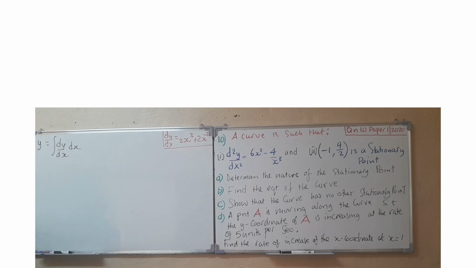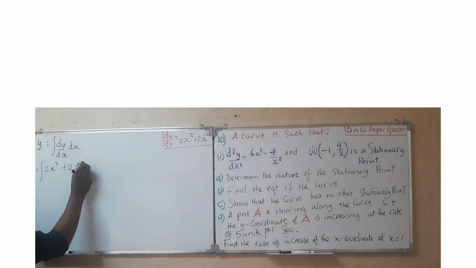Because remember, to get dy/dx, we must differentiate this. So to get our y, we must integrate that. So we now integrate that expression there, which is equal to 2x to the power 3 plus 2x to the power minus 2 with respect to x.